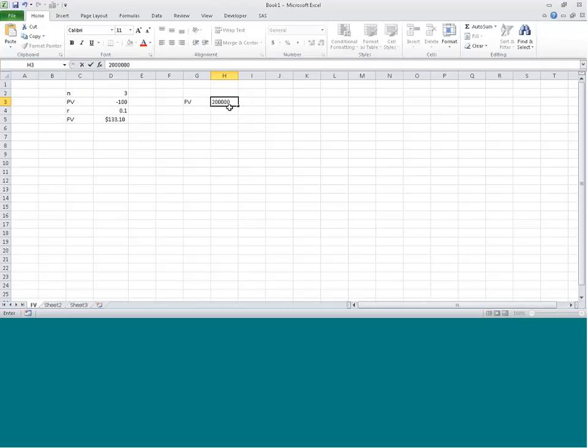No, one less. 1,000,000. Is this correct? That is future value, and R is given as 10%, meaning 0.1. N is given as 20.